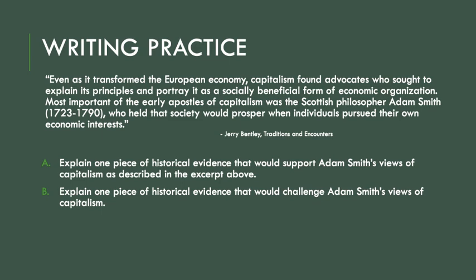So you could think of, during the Industrial Revolution, one piece of evidence that would support that society prospered because people pursued their own self-interest. So think of something in this chapter that shows people benefiting from capitalism. Who benefited? Where did we see growth in wealth? Where did we see growth in cities or in the way people lived?